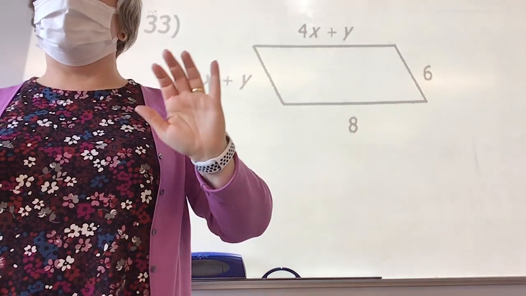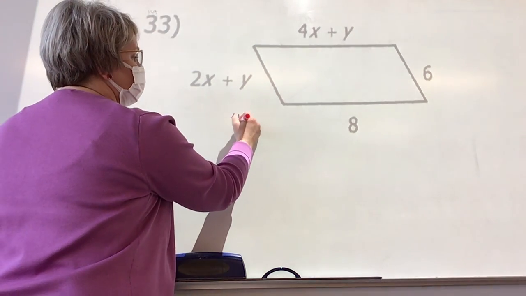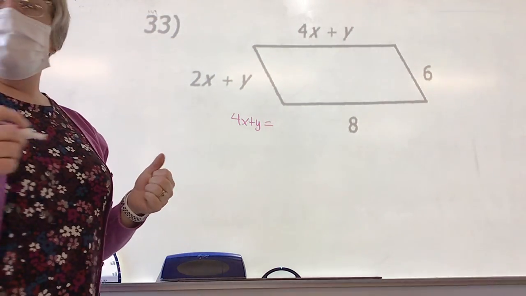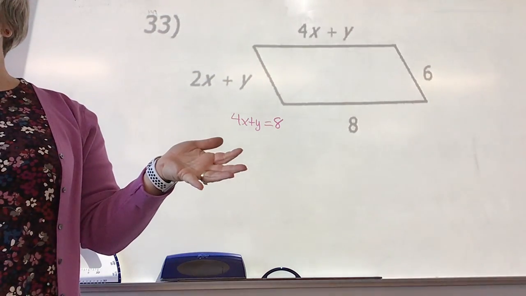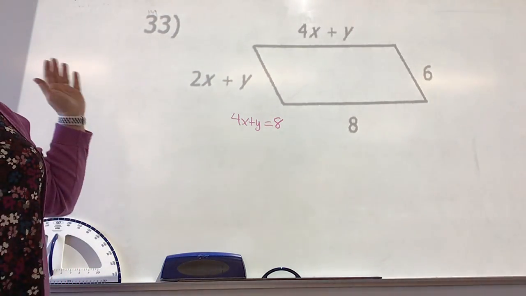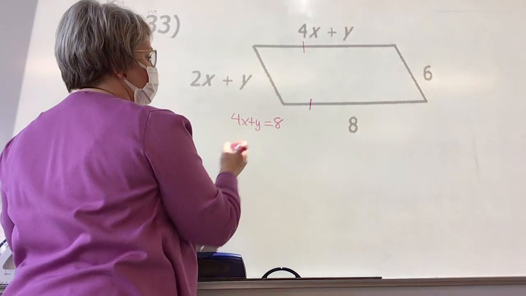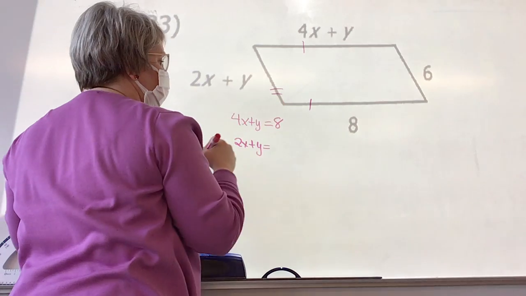Opposite sides are congruent. So you would set 4x plus y equal to who, everybody? 8. And you're like, okay, I can't do a darn thing. Can't solve for x, can't solve for y. So let's go the other one. What about these 2? 2x plus y equals what, everybody? 6.